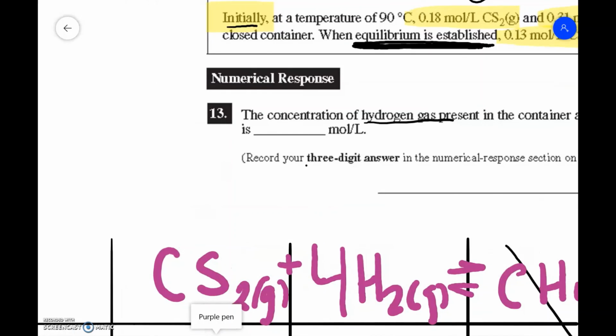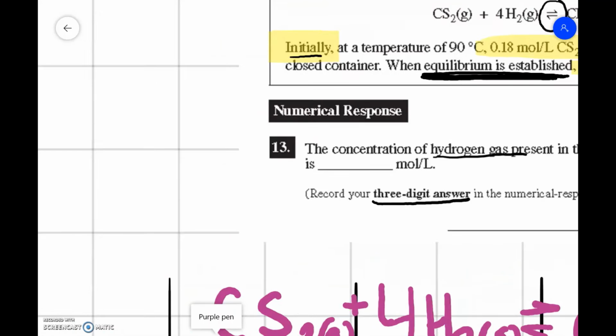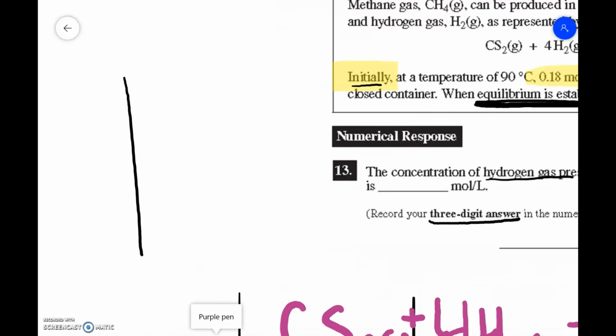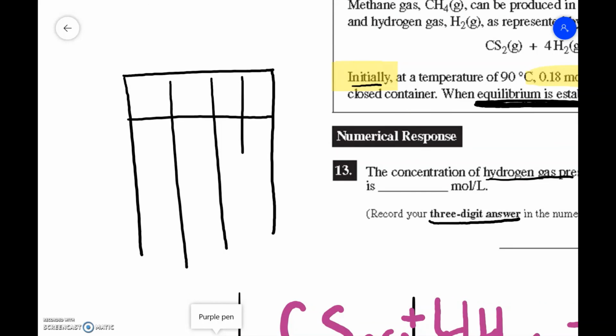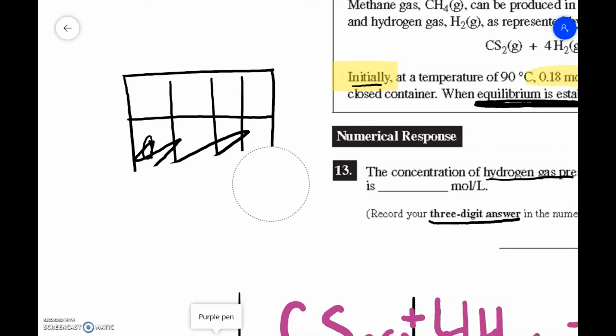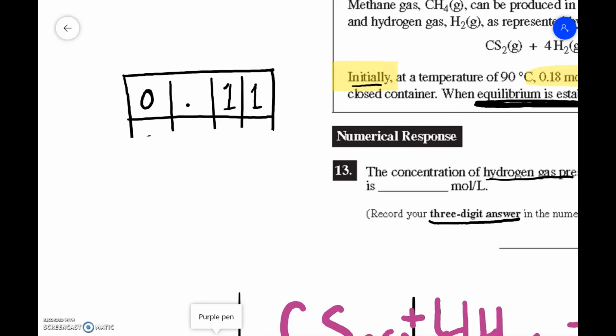The answer is being asked to be recorded in 3 digits, which means your answer key may look like this, as it did for me, and there might be a bunch of bubbles you have to color in with the appropriate numbers, but the 3 digits means 0 point, the decimal is not a digit, 1, 1. And that is your answer.